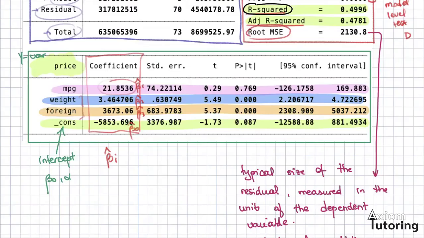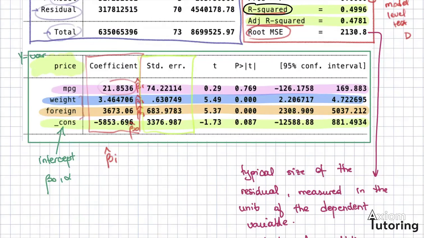The next column is standard errors. So you see the numbers, keep in mind they don't have a unit in there. It tells you how much this estimate basically would vary across repeated samples.